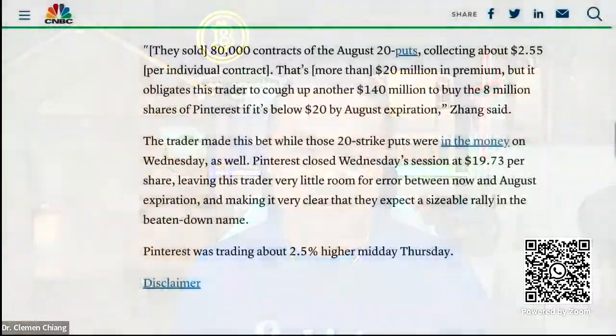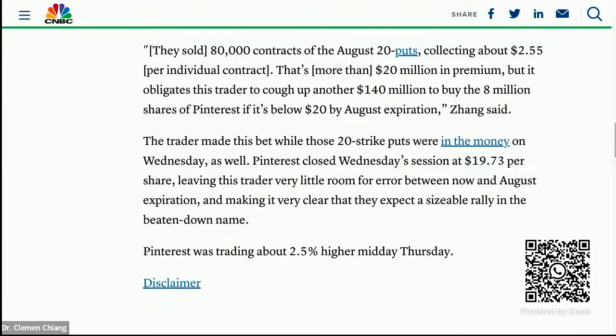Why would a brokerage house deposit $20 million in your account for putting on a naked trade, and what is the collateral in your account? That is where I raise the flag. I think there's some very, very wrong assumption here, and we're going to come back and look at this article.